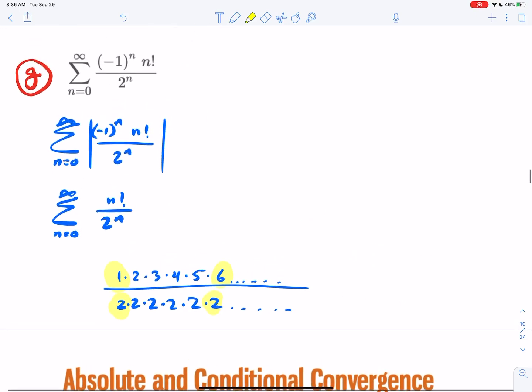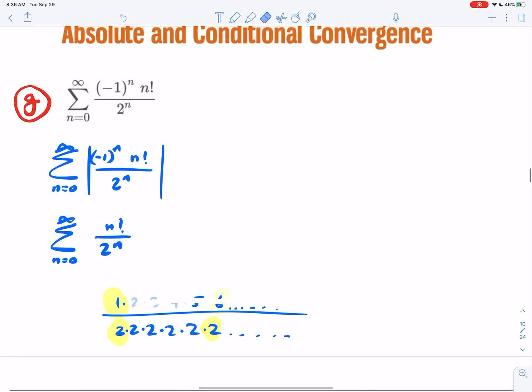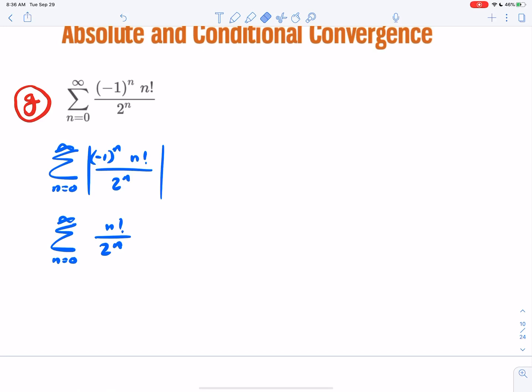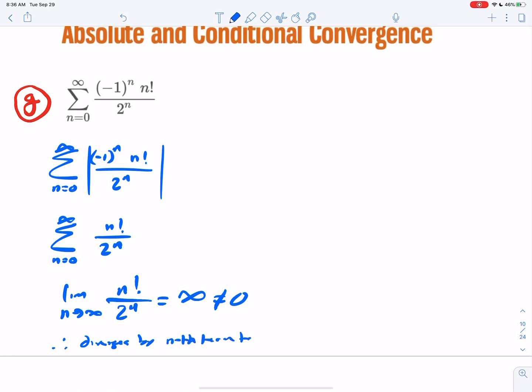So if you actually ran the divergence test, very quickly you find out that this will go to infinity, which is definitely not 0. Therefore, it diverges by the nth term test or the divergence test. It doesn't matter.